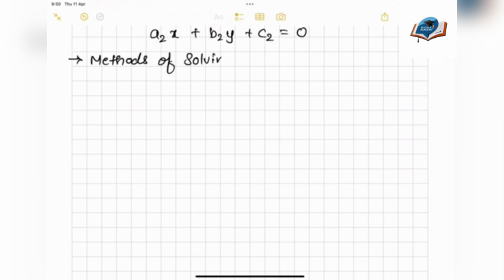Now let us move to the solution of linear equations. Now we are discussing the different methods of solving the linear equation.